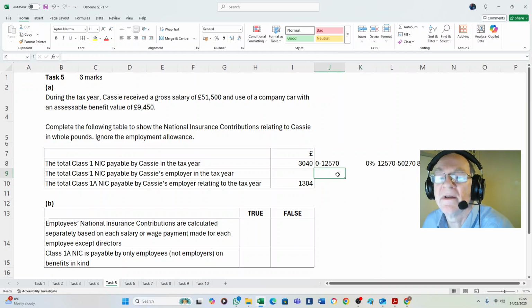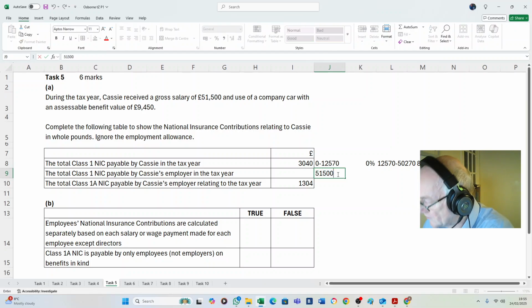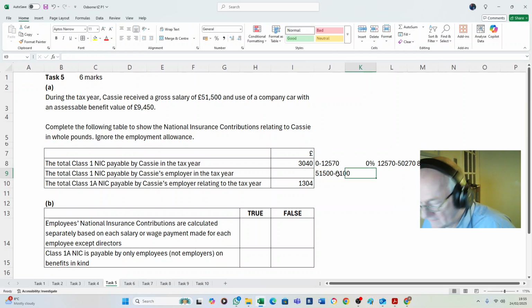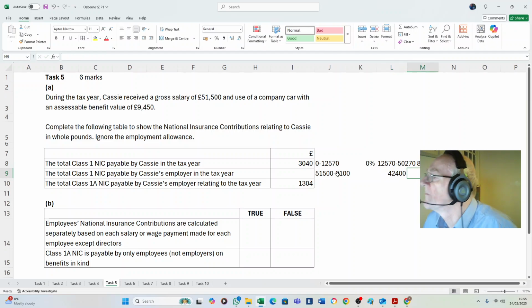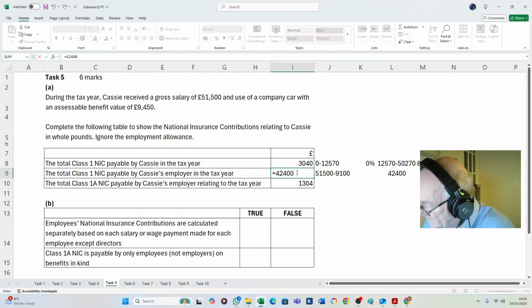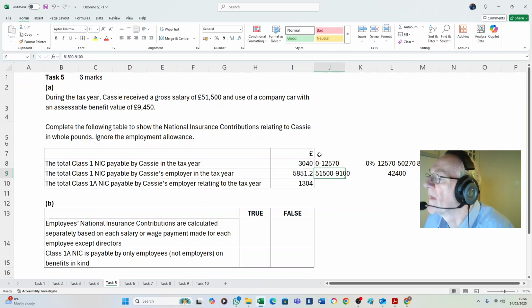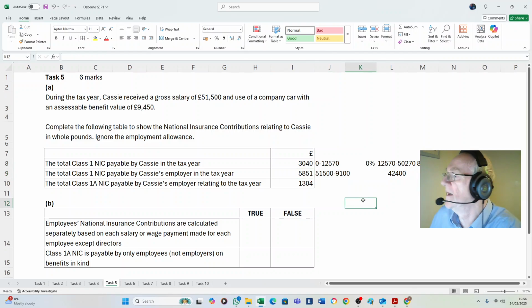So actually what we can do is 51,500 minus 9,100 is 42,400. So again, it will round down, so that will round down anyway on screen, and we're okay.